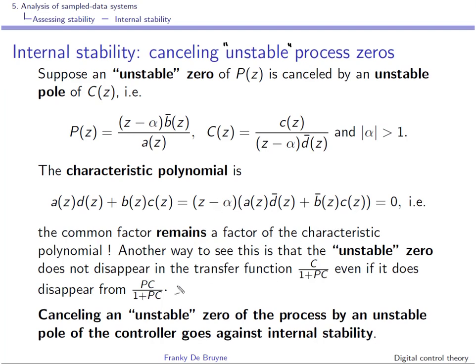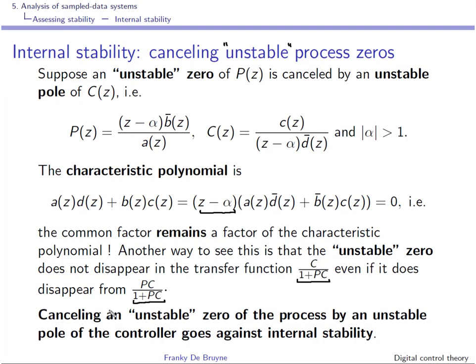Okay, so you can see that it will disappear from this transfer function because it only involves P times C, right? So P times C here, cancellation, cancellation, so it disappears from this transfer function. But it will not disappear from this transfer function over here, because this unstable pole here will appear, as you can see here, at the denominator of this transfer function.